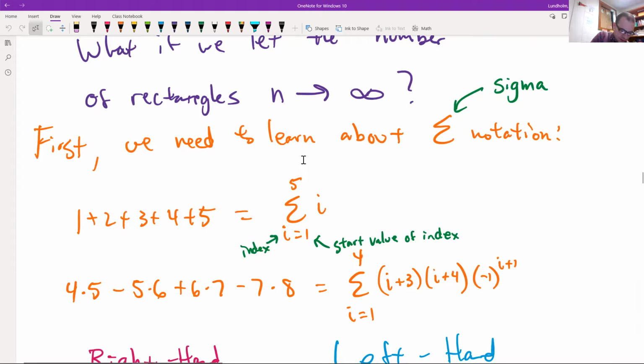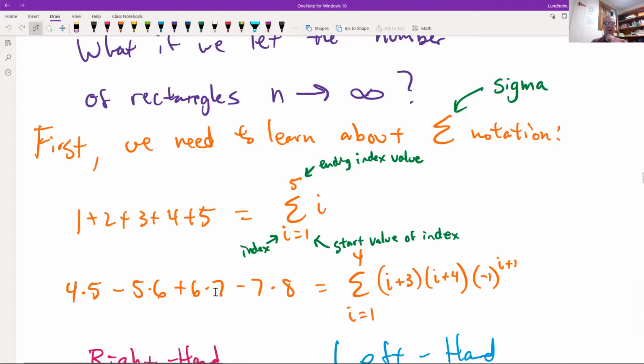And so, yeah, the 5 is where we end. Let's just call it ending index value. Okay, ending index value is up at the top. Cool. All right, so for that one, hopefully that's relatively straightforward.